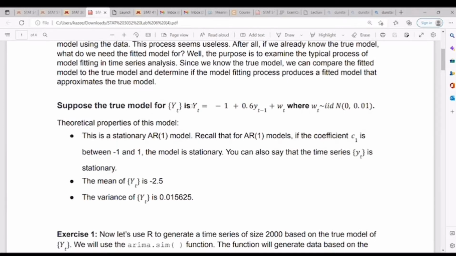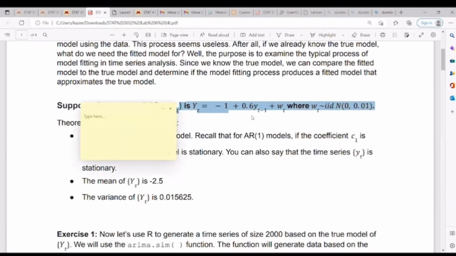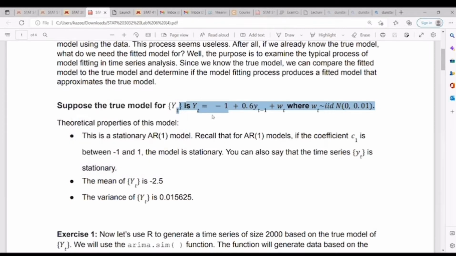So this model is relating the current value of the series against the immediate past. Now, looking at this model, we already know what our c_0 is.